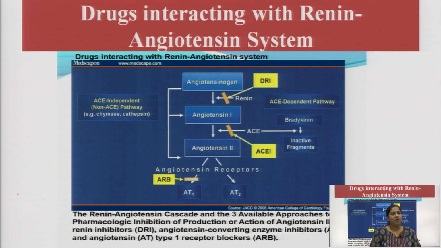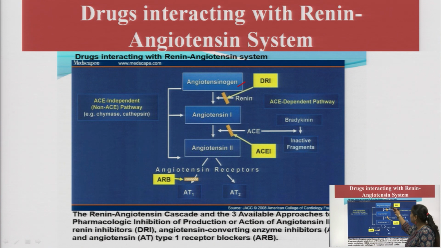So, how do these drugs work? These are the drugs which interact with the renin-angiotensin system. If you see the simple flow chart, it explains very clearly what the condition is, why hypertension happens, and where these drugs are to be incorporated. So, we can see there is an agent, angiotensinogen.